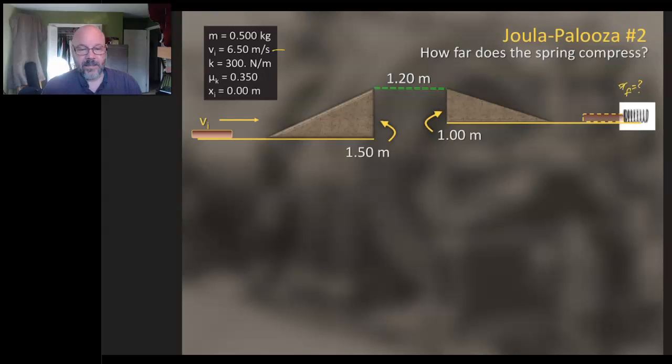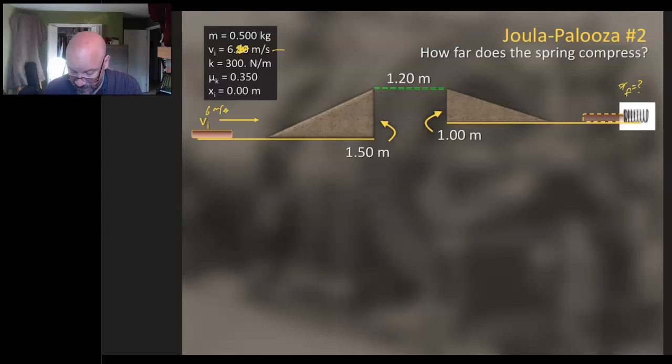Okay. And so let's get some numbers on here. So we're starting out at, I know it says 6.5 here, but in my notes when I did it, I actually only used 6. So we're going to say 6 meters per second there. We're going up 1.5. We're coming back down 1.